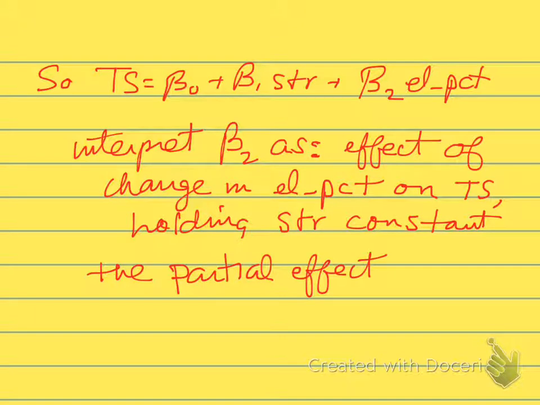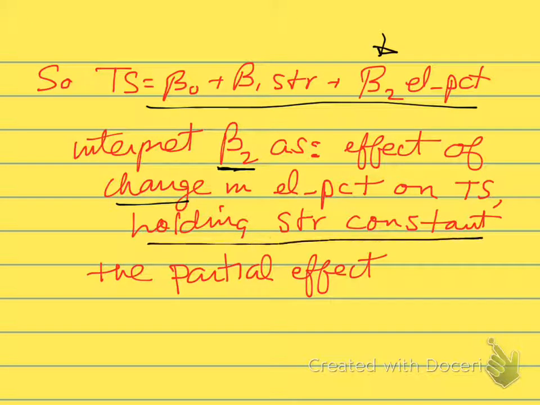So we have a better model then. Why not explicitly include the percent English language learners in our model and estimate a coefficient that tells us how much the change in English language learners affects the outcome of test scores? So when we estimate this model, we're going to interpret the coefficient beta 2 that we estimate as the effect of a 1-unit change in English language learners on test scores, holding the student-teacher ratio constant.